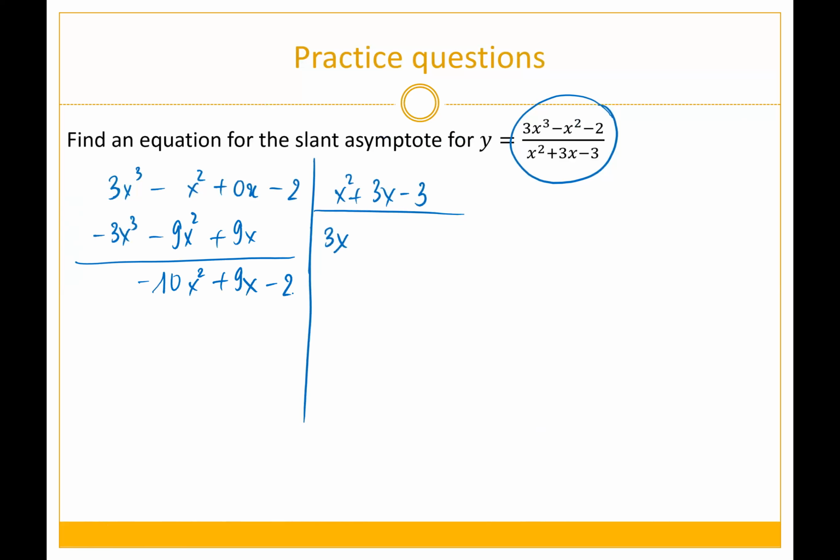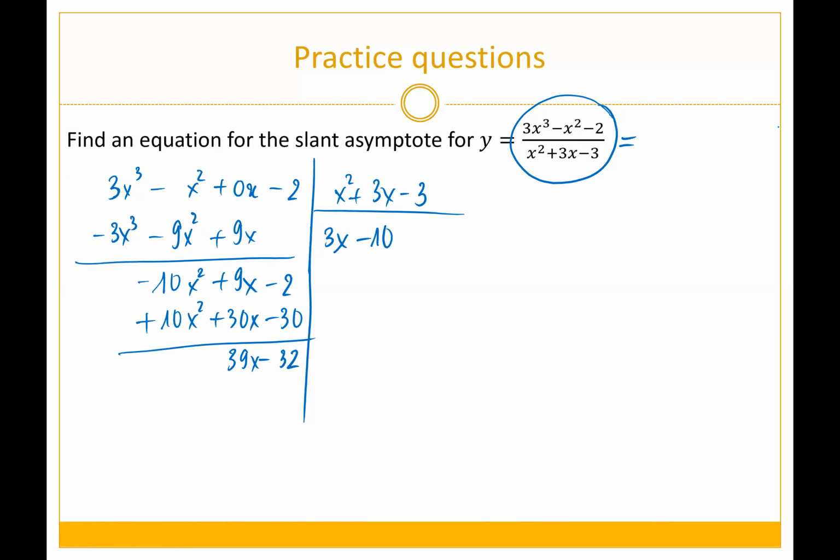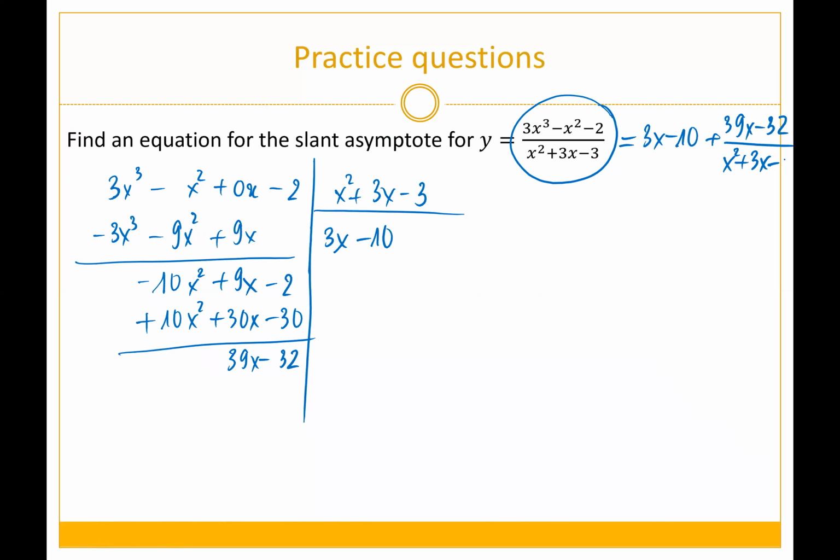Then negative 10 times, plus 10x squared, negative 30x, plus 30, change the sign to negative 30. So you have 39x minus 32. So this one is equal to 3x minus 10 plus 39x minus 32 divided by x squared plus 3x minus 3.